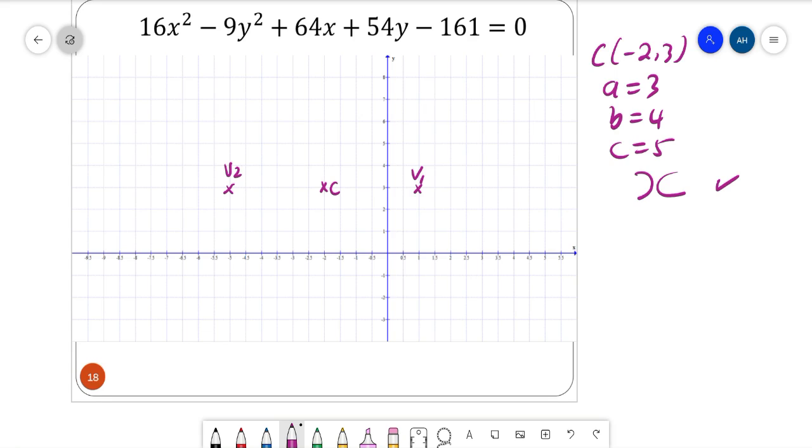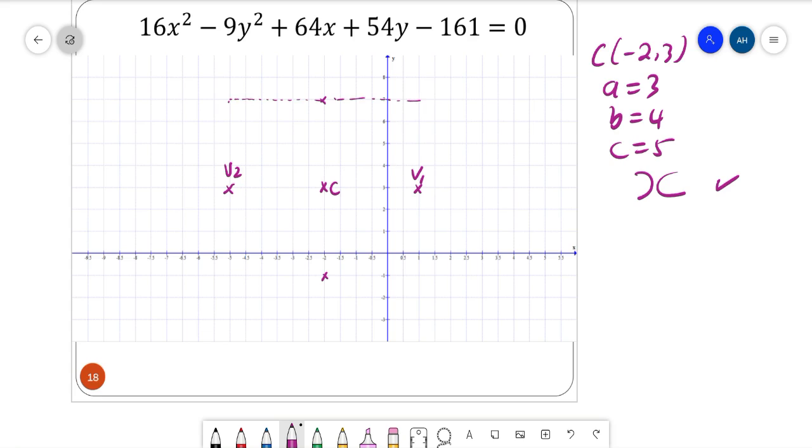Okay, now I have to go up 4 units. 1, 2, 3, 4 will be this one. 4 units going down. 1, 2, 3, 4. So now I want to construct the rectangle like this. Like that.